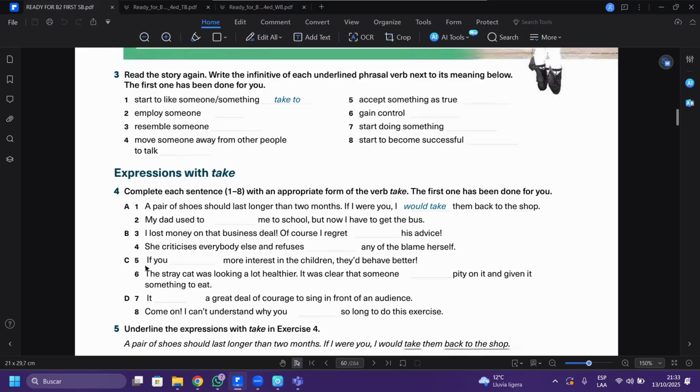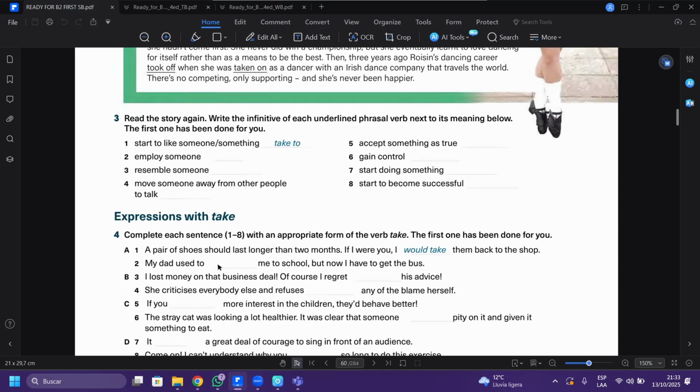Number 5. If you more interest in the children, they would behave better. If you, it could be would have took.